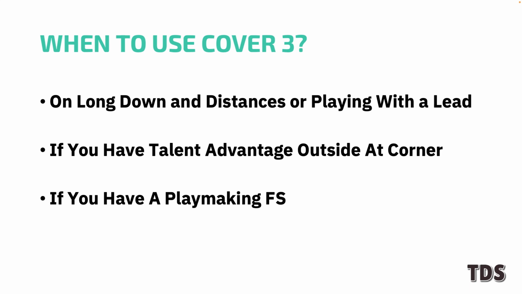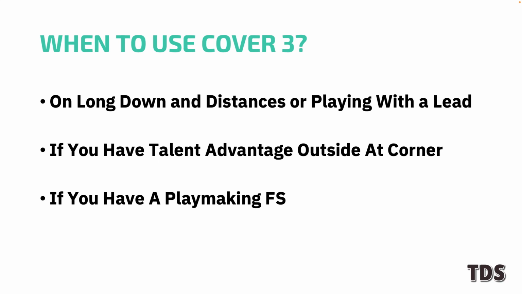That's why it's so effective when you have a Darrelle Revis or a Richard Sherman or a Sauce Gardner, for example, this year, who has that talent advantage to play a cover 3 third field easily. It just enables a lot more scheme versatility. And it also highlights a playmaking free safety.